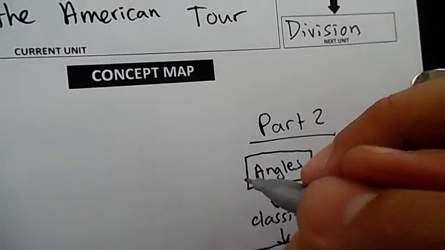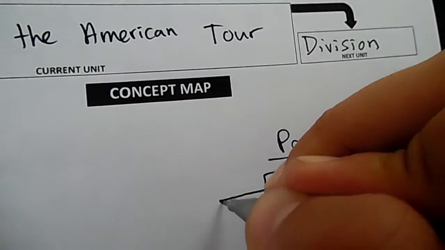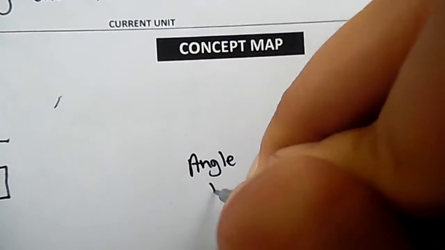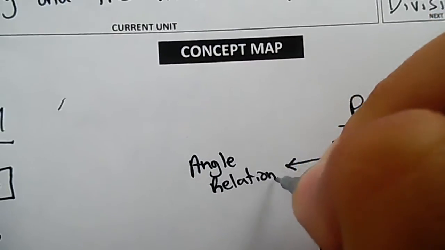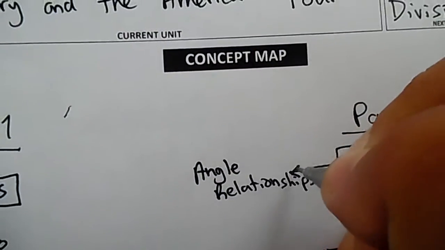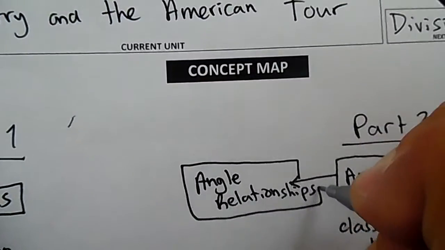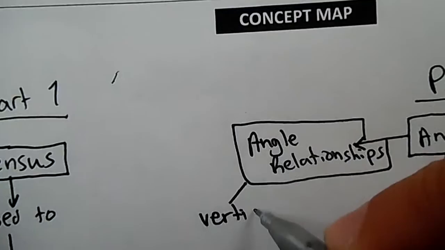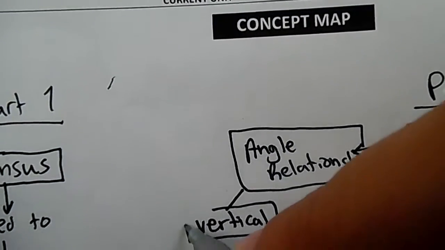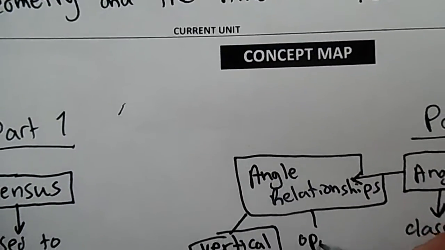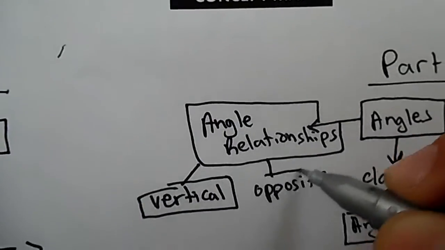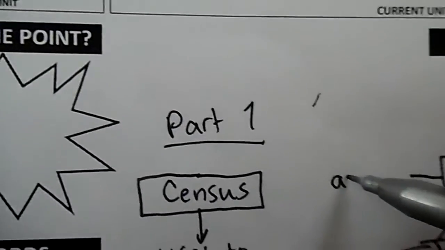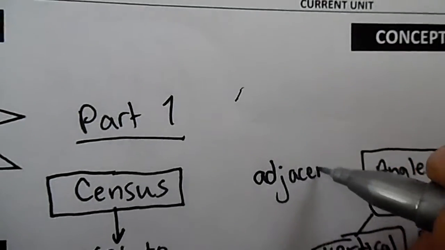But now we have relationships. Now there's three types we're going to look at: vertical, opposite, and adjacent.